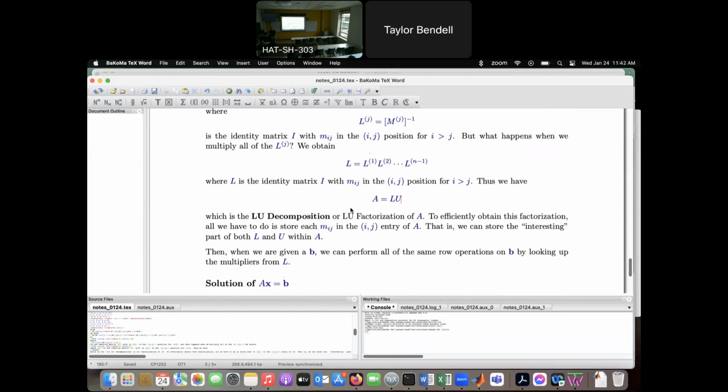Once we've carried out this decomposition, we want to solve AX equals B, because at this point we've done nothing with a B. We don't even have a B. But once you have a B, you can use the multipliers that are stored in L. Those tell you what row operations you now need to perform on B that you already performed on A. You can do that with whatever B's you get, and that's going to be a lot less expensive than the Gauss elimination you just carried out.